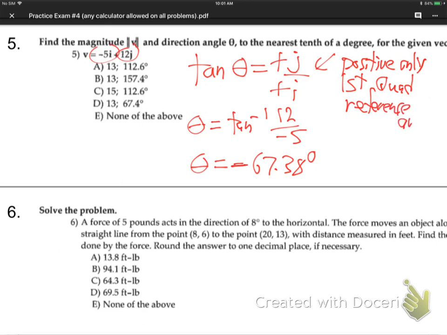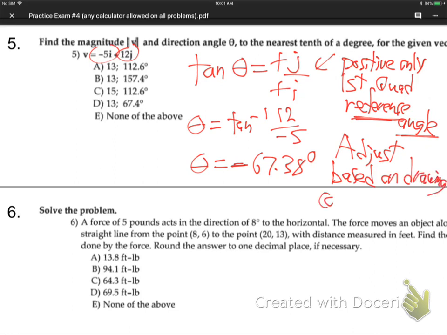So the way I deal with all the weird restriction thing is I say, look, just make it positive, get your reference angle that way, and then adjust based on drawing to the correct quadrant. What's that, Kevin? We would do like 180 minus the 67.4. Yeah. Good. So let's do it correctly.